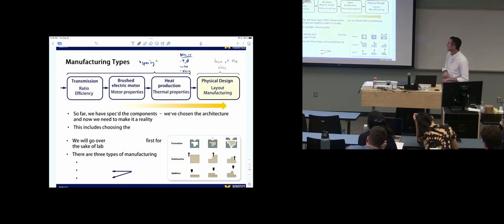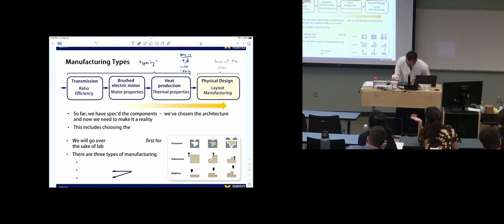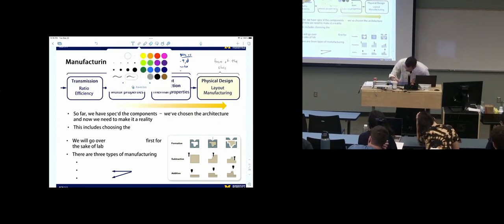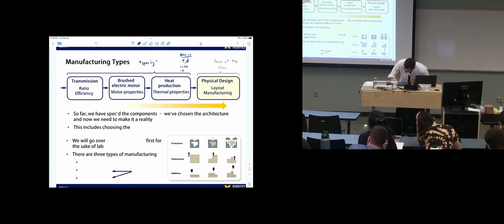Yeah, what did you write under ratio? Sizing. So if you've selected these things, if you spec the system, then now you not only know what it needs to do, but you also have some information about its size. Size of the motor, size of the transmission ratio, all that's gonna factor into its size. You have some idea of its size, and you have its specifications.